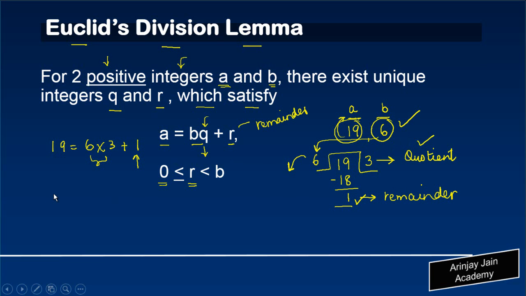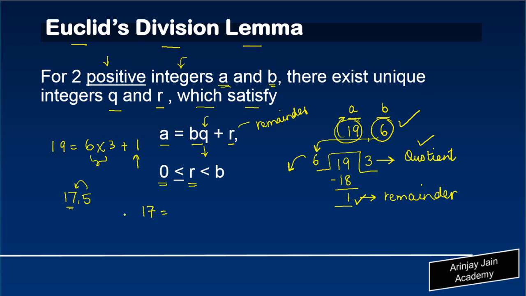So let's say we have two numbers, 17 and 5. Now 17 can also be written as what? Can 17 be divided by 5? No. So if you just start multiplying by 5, 5 times 1 is 5, 5 times 2 is 10, 5 times 3 is 15, and 5 times 4 is 20.